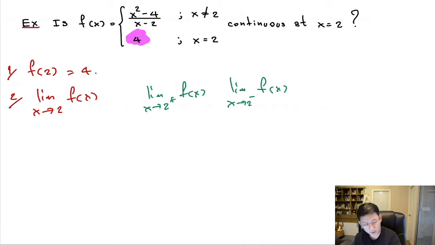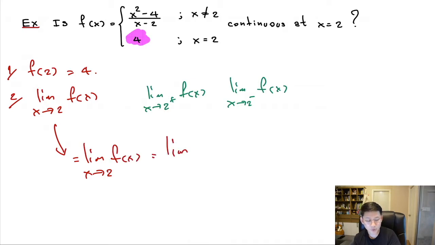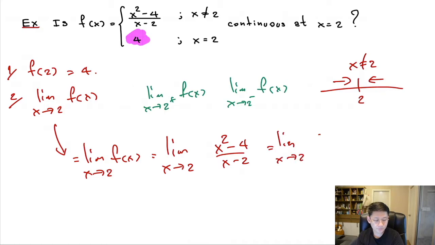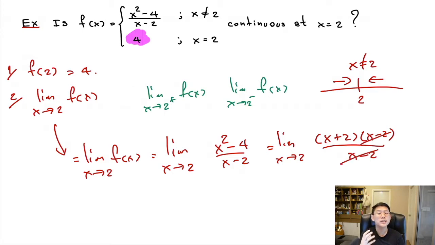So here I have that the limit as x approaches 2 of f(x) is the limit as x approaches 2. Guys, x approaches 2 means that x is not 2, it's just close to 2. So we use (x squared minus 4)/(x minus 2), and for this one we can factorize, because we are computing limits, so we can factorize and cancel things out.